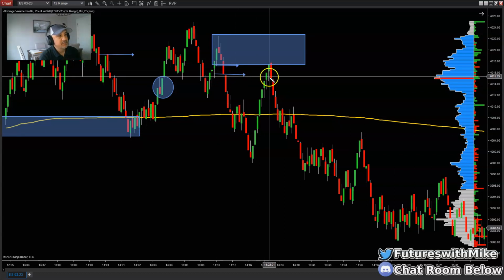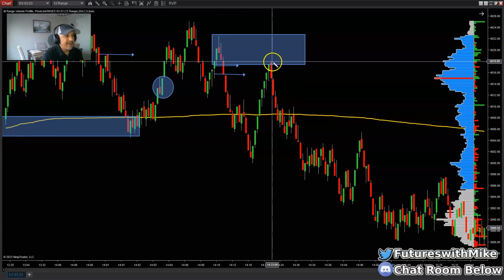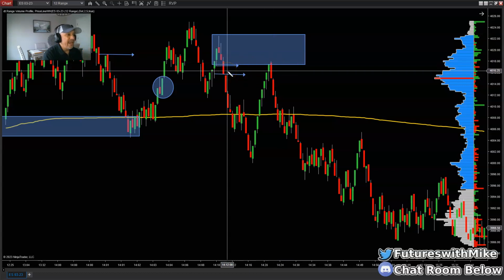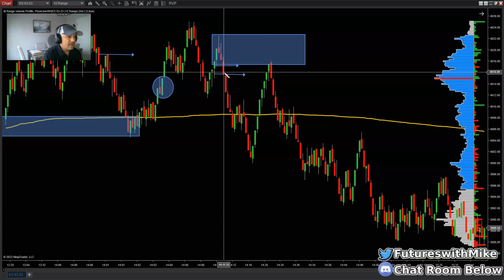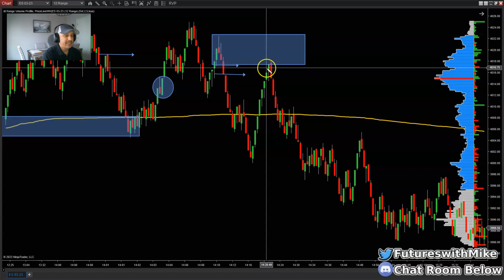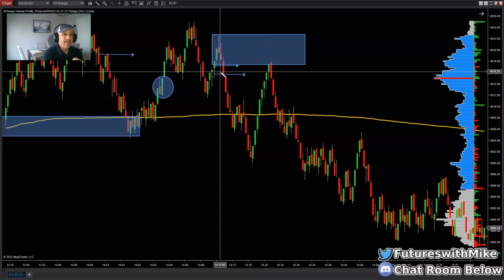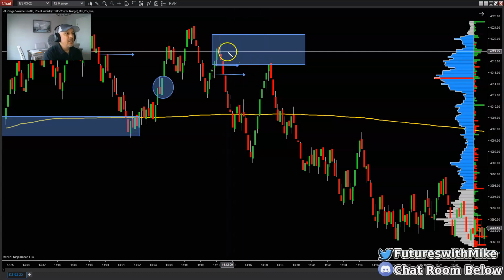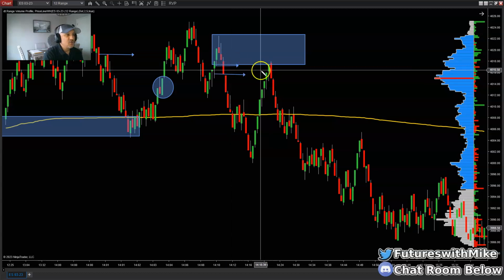But what did it also do? It tapped back into our supply zone. This makes it high probability when we have a gap leaving the area of supply. As retail traders, we're waiting for price to pull back to it, fill the gap, fill in the imbalance, and tap back into the supply zone. We'll wait to see what they're going to do from here. When I say they, I mean the banks and institutions.